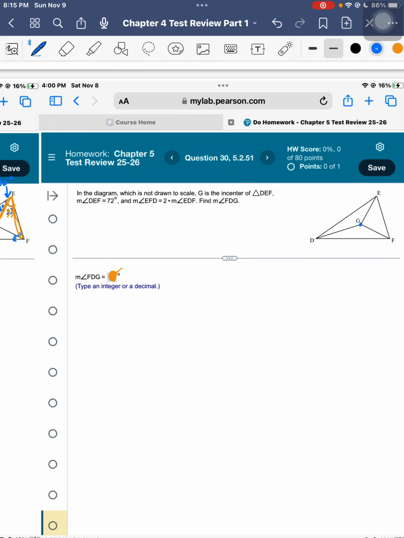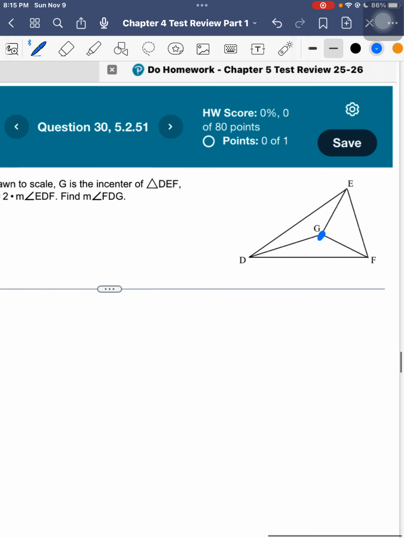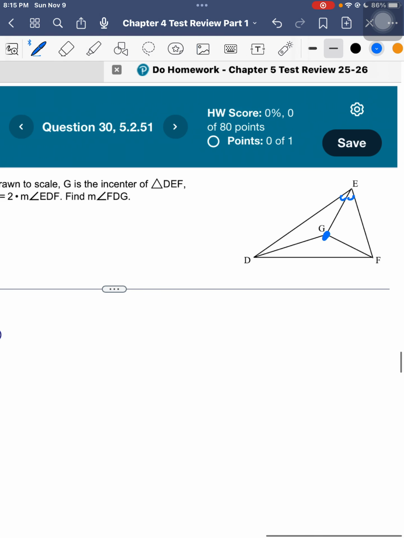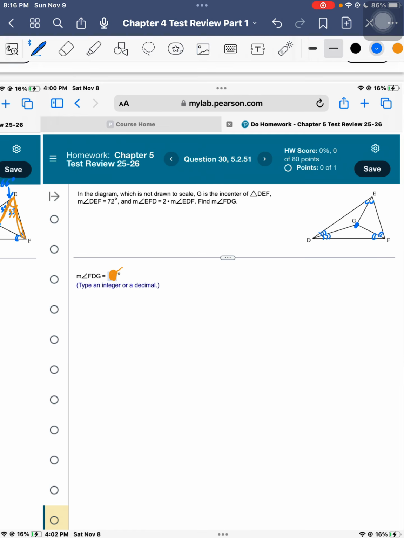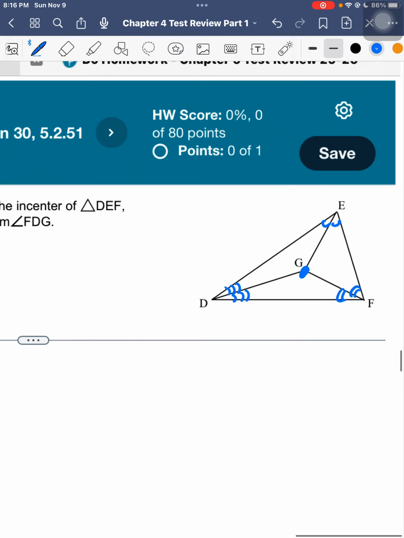So if G is the incenter, that means I once again have angle bisectors. Okay. So measure DEF is 72. So DEF, this whole big angle, is 72, which means that this must be 36 and this must be 36.